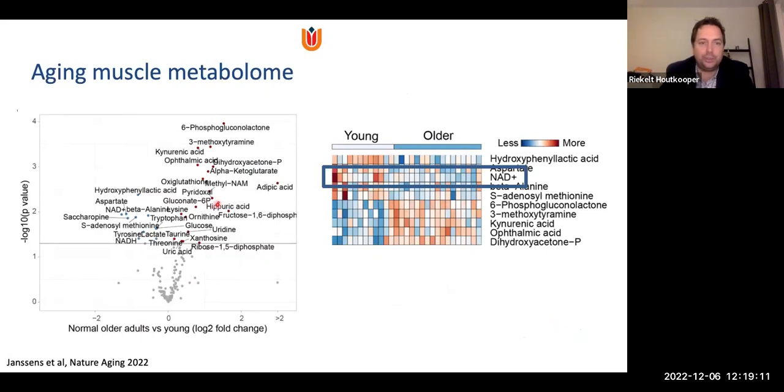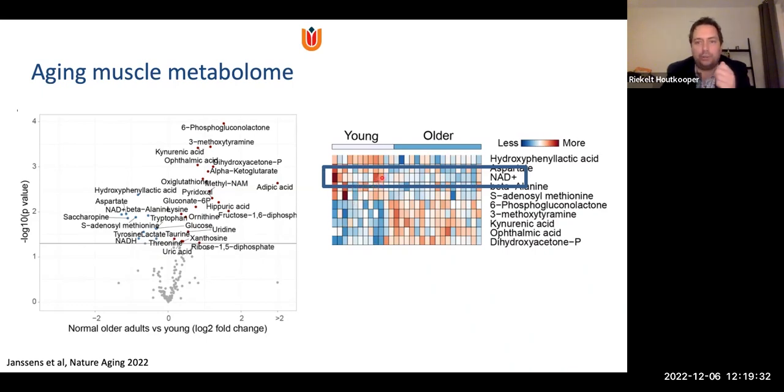On the left, you see the volcano plot with all the metabolites annotated that are significantly changed between normal older adults versus young. So we see quite a few changes. They are also highlighted here in the heat map, where the red signal means high and the blue signal means low.